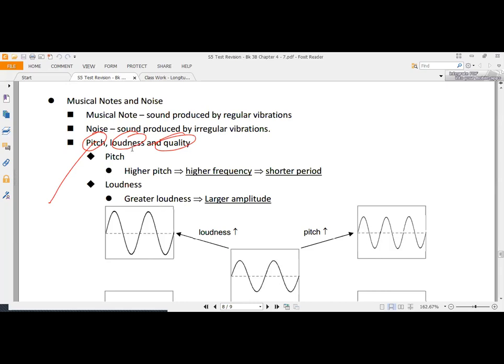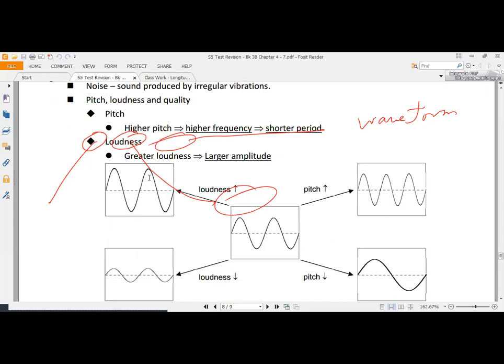Loudness is related to the amplitude. Larger amplitude means larger loudness. And the quality is the shape of the waveform. The smoother the waveform is, the more comfortable the sound we will hear. So these are the things you should be able to read from the waveform.